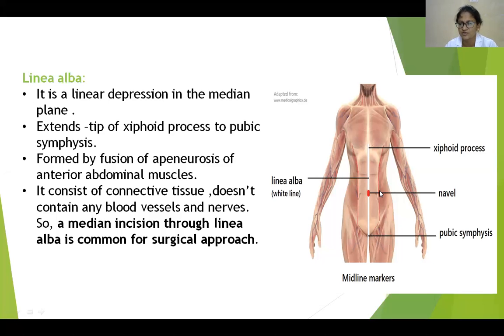We know the anterior abdominal muscles are the external oblique, internal oblique, and transverse abdominal muscles. These muscles fuse together and form a fibrous raphe in the median plane of the anterior abdominal wall. The linea alba consists of only connective tissue.